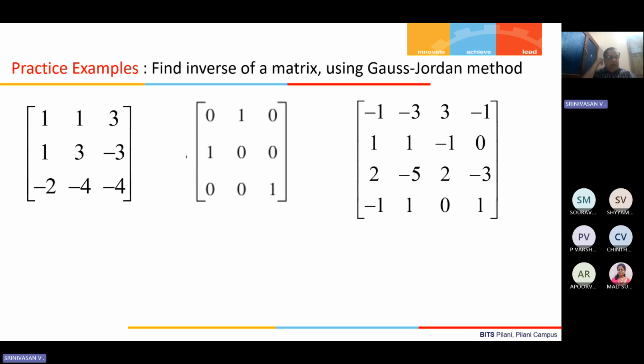So you have some more problems to practice, for example: find the inverse of a matrix using the Gauss-Jordan method.